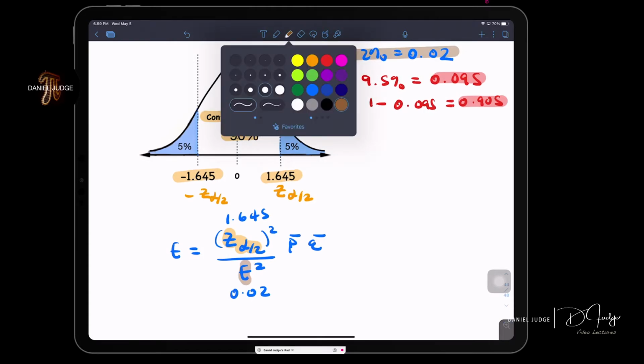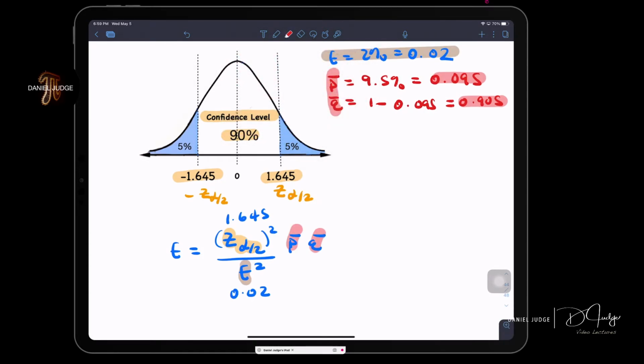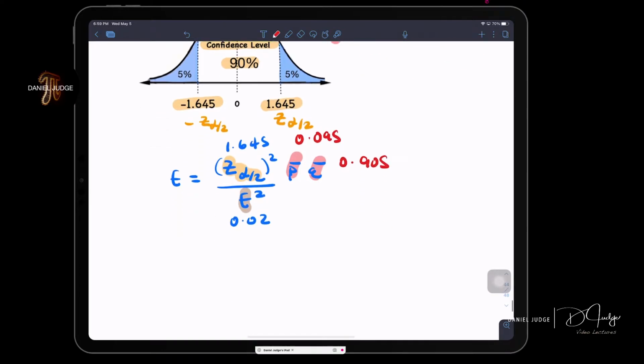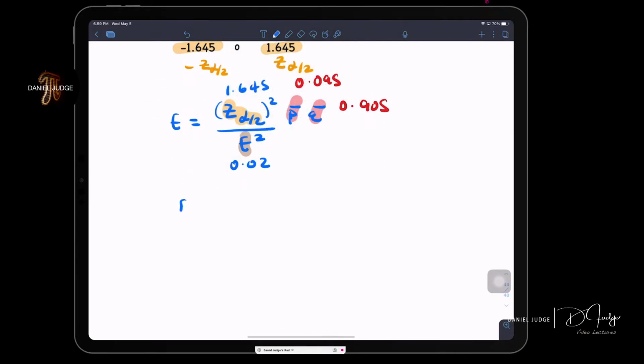P hat over here and Q hat, 0.095, and this is 0.905. So all together here, n will be 1.645 squared over 0.02 squared, times 0.095 times 0.905 here. So that's going to be what we get.